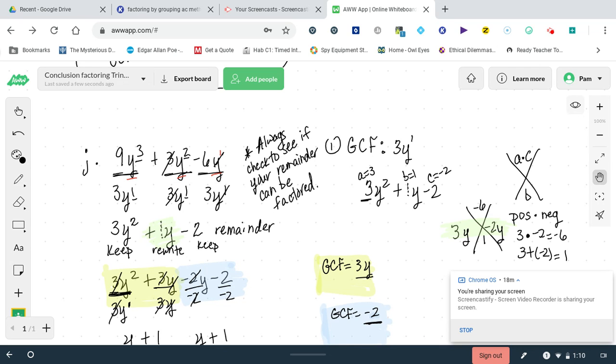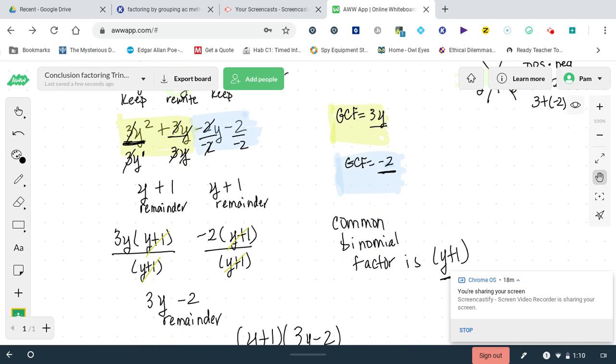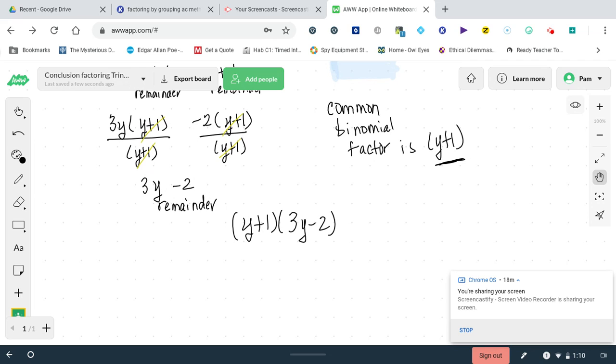So the original GCF was 3y. So I'm going to go back to my final factors and add my original GCF, 3y. Okay? This is the original GCF. It has to go back to the front.